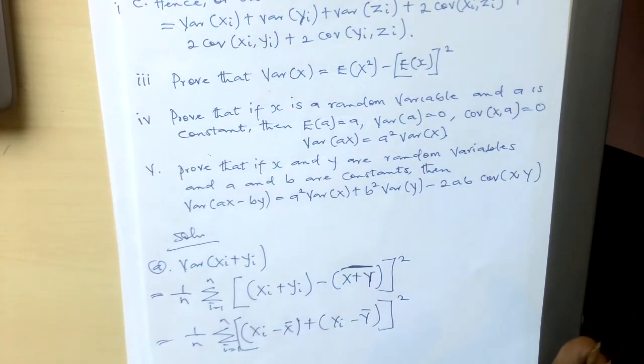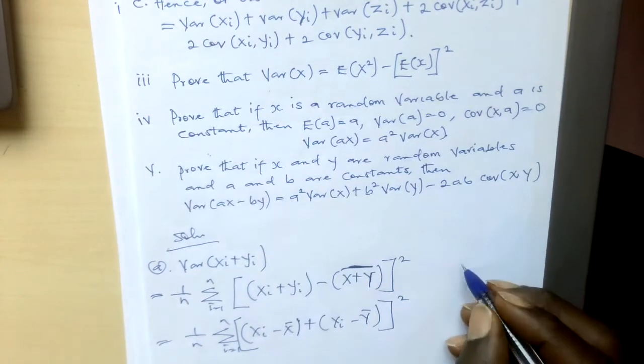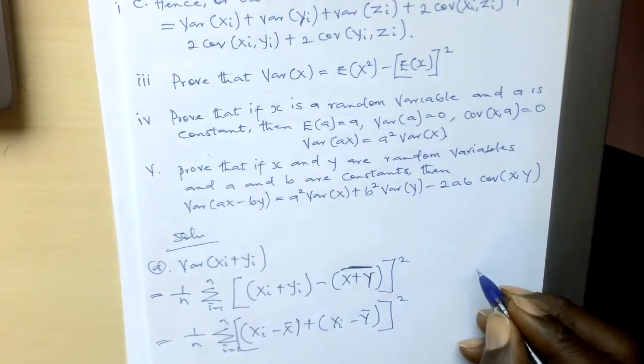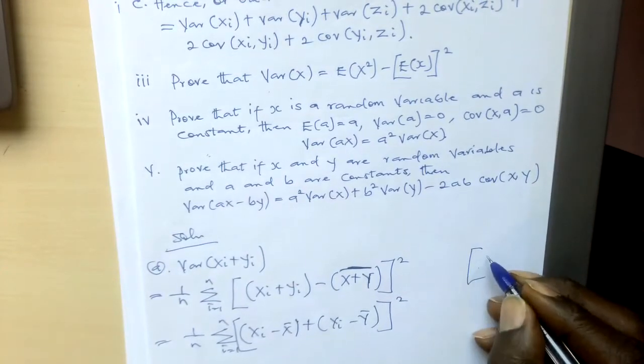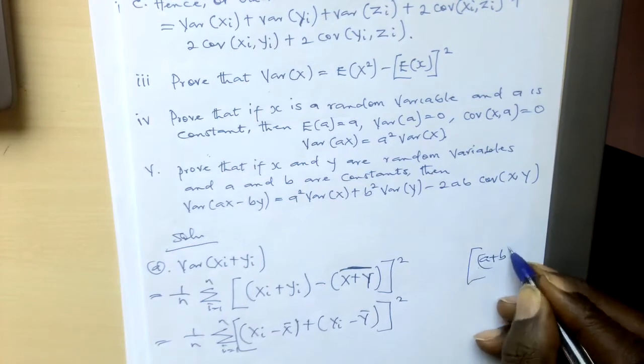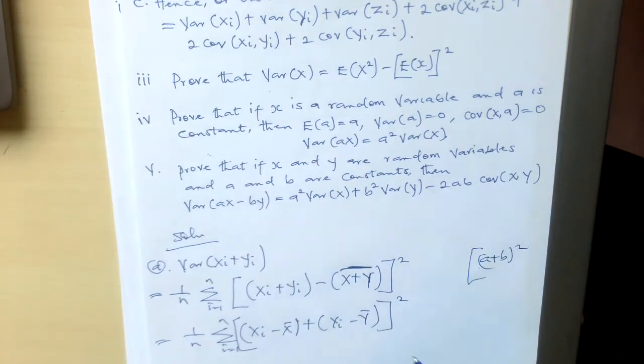So we can now expand this. It's more like what we know as a plus b all squared, right? So we can expand this.